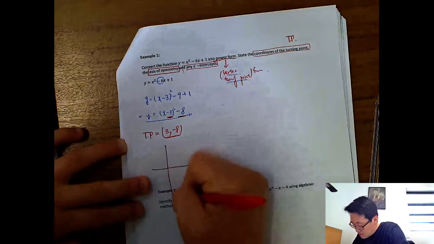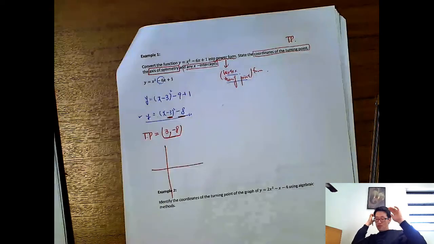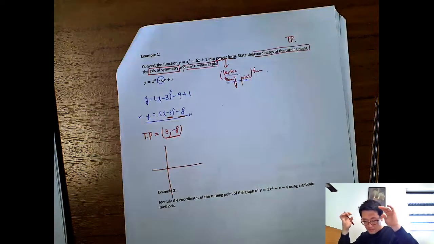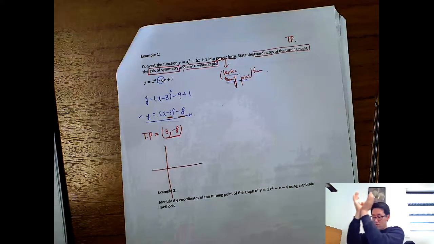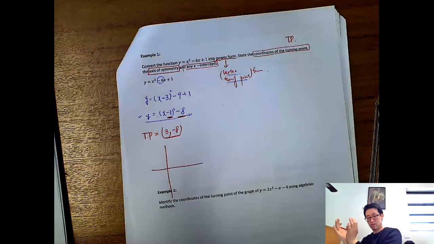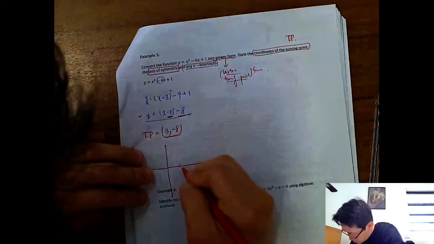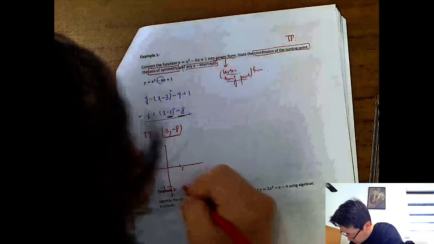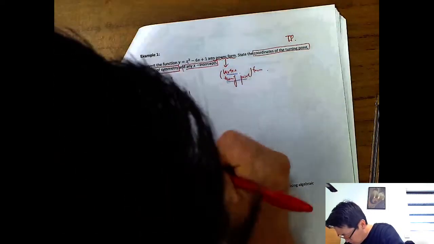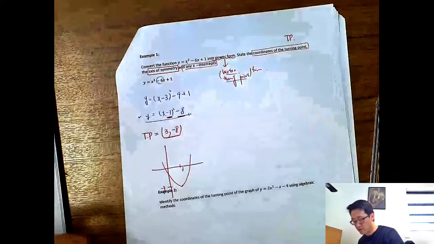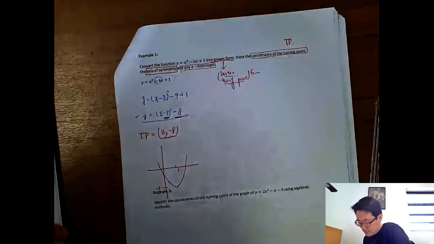If I draw that, we'll have something like this, moving x value 3 and y value minus 8. I'm not sure of the value exactly because I didn't draw very well here.